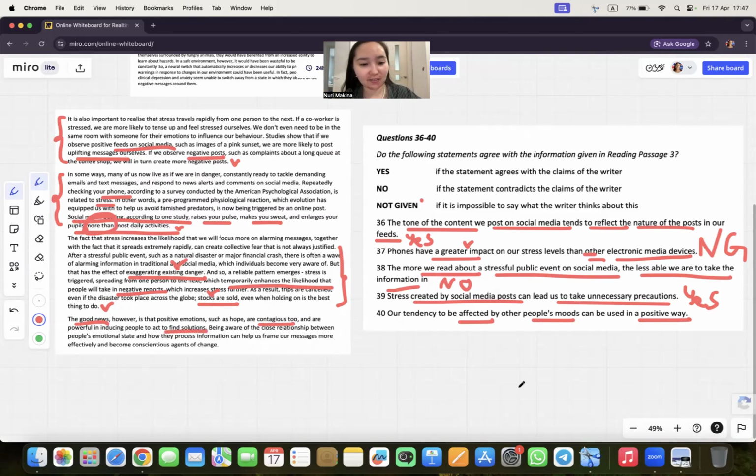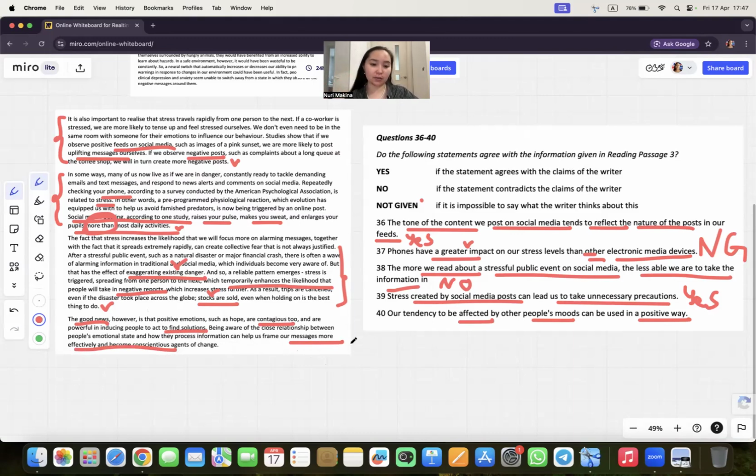This is my favorite part of this paragraph: our tendency to be affected by other people's mood can be used in a positive way. Yes, we are going to find better solutions, and the process of information can help us frame our messages more effectively and become conscientious agents of change. So they are all about positive.